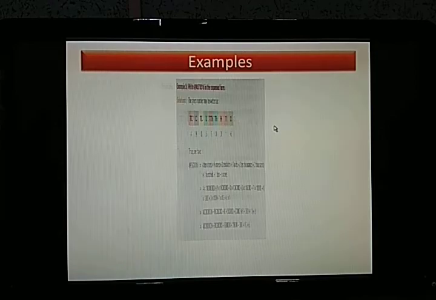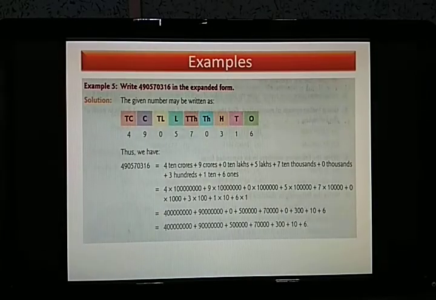Now the next example, you have to expand. This is similar to the earlier example. If you are given a number, just put it in the place values and then you have to expand it. The earlier example was done in a vertical manner, and here it is done in a horizontal manner. Not much difference.